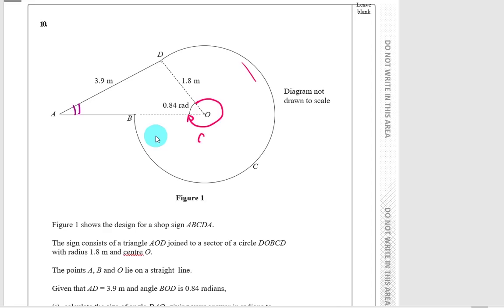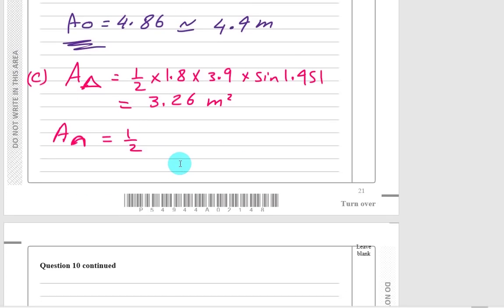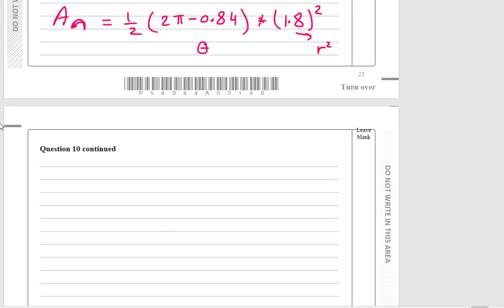This theta is equal to 2 pi minus 0.84. So the theta of the sector is 2 pi minus 0.84, by the radius squared, which is 1.8 squared.